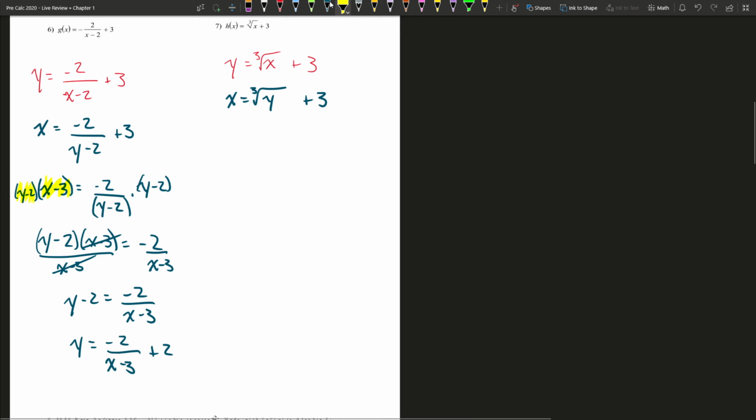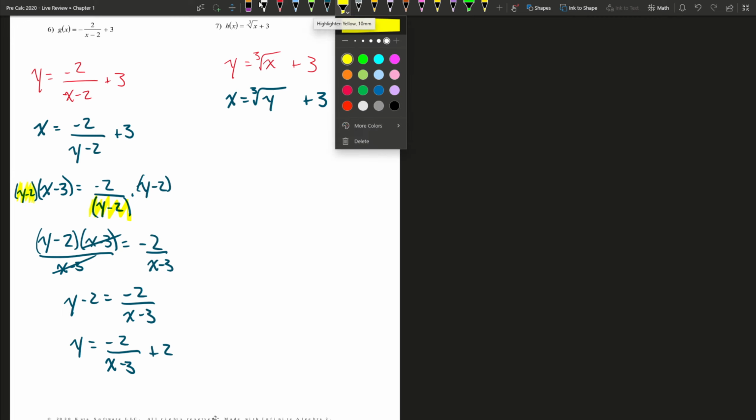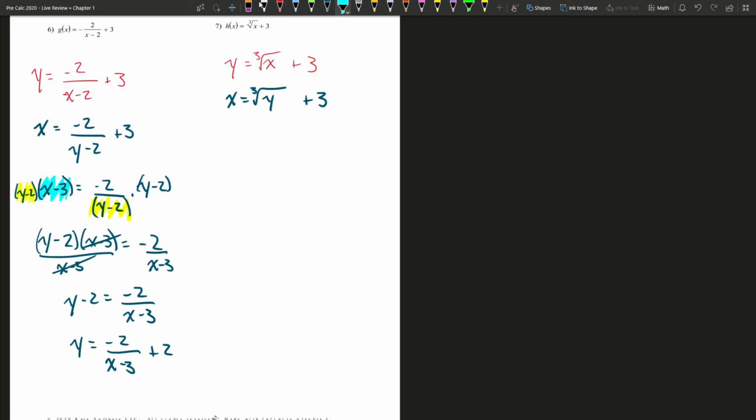So it's really just cross multiplying and dividing. That's what it ends up being. Okay, so this y minus 2 ends up being in the numerator. This x minus 3 ends up being in the denominator.